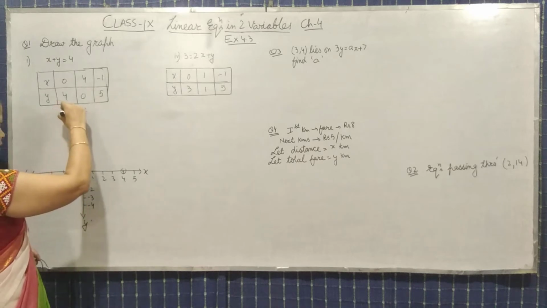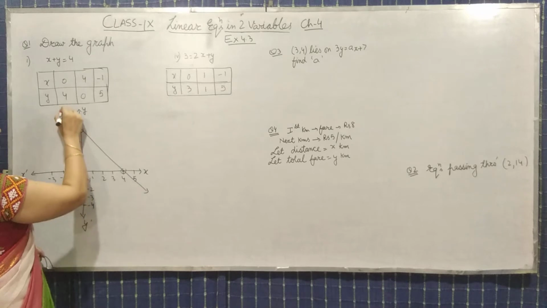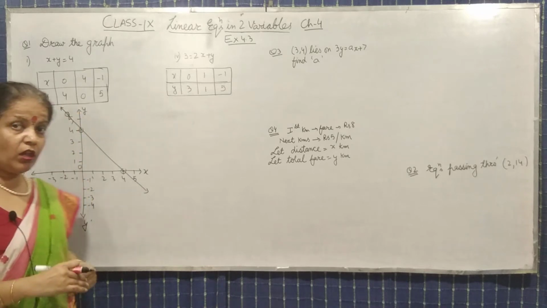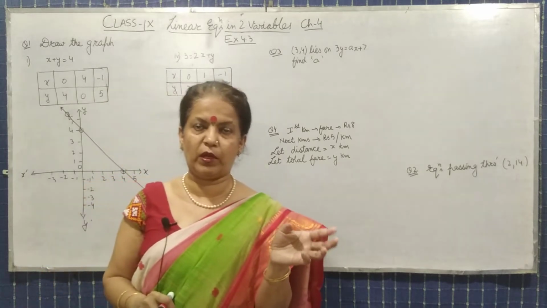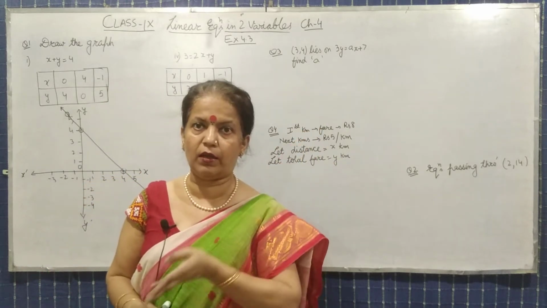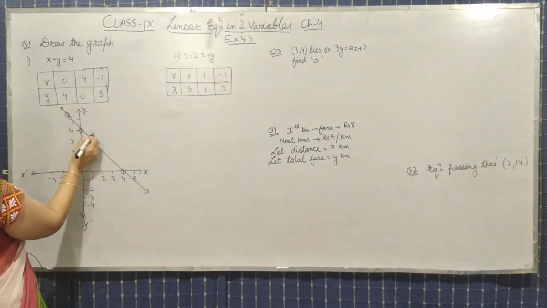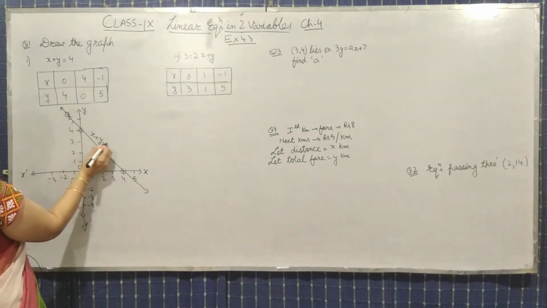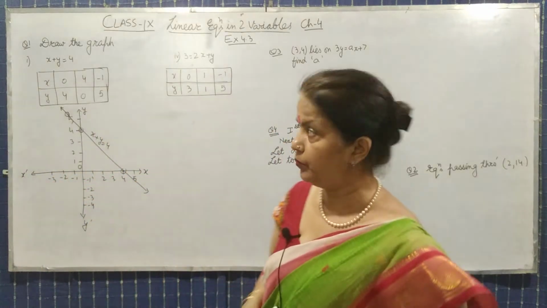Join all these together, like this. All the 3 points or whatever coordinates you get, they will be collinear, means they will lie in a straight line. And this is the graph of x plus y equal 4. Isn't it? It's quite easy and interesting.